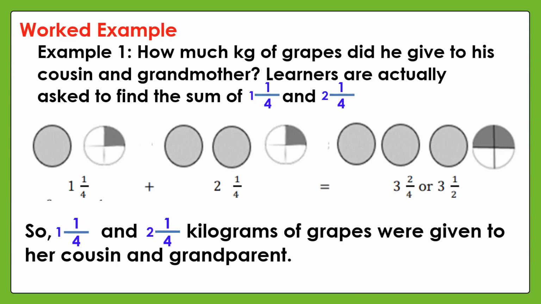Here's the worked example, number 1. How much kilogram of grapes did he give to his cousin and grandmother? Learners are actually asked to find the sum of 1 1/4 and 2 1/4. Look at the disk here.